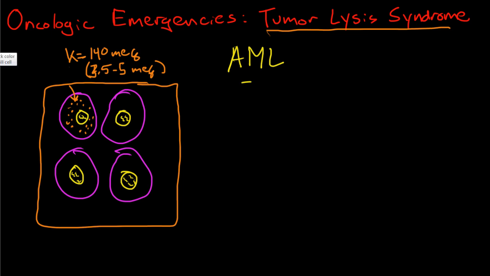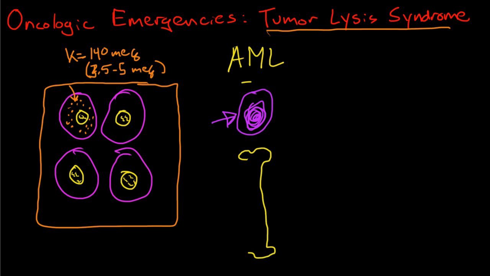A blast is an immature white blood cell, or actually a cancerous, a leukemic cell that gets pushed out of the bone marrow because the bone marrow is crowded with these leukemic cells, right? So we've got bone marrow that's crowded with leukemic cells, and we've got large numbers of leukemic cells floating around in the bloodstream.